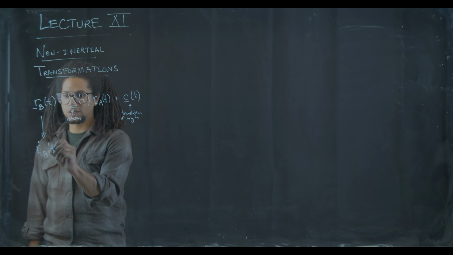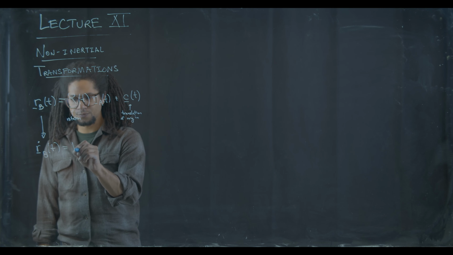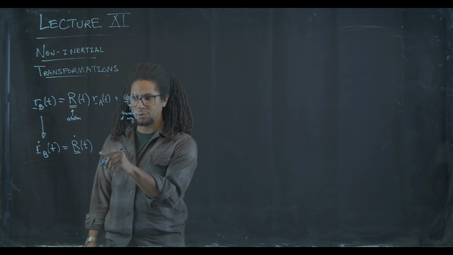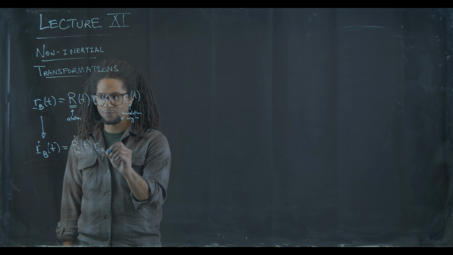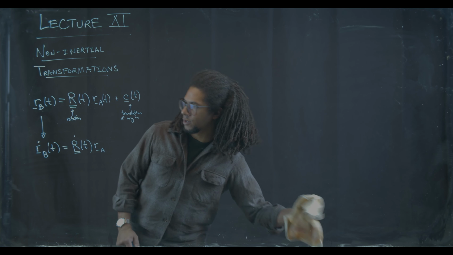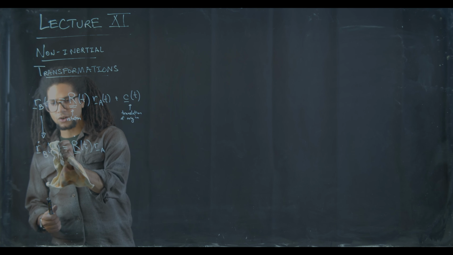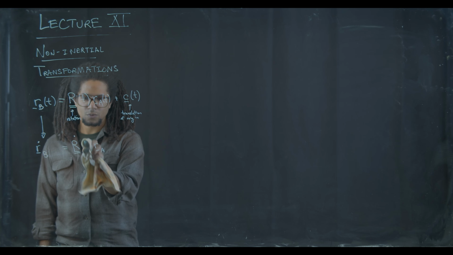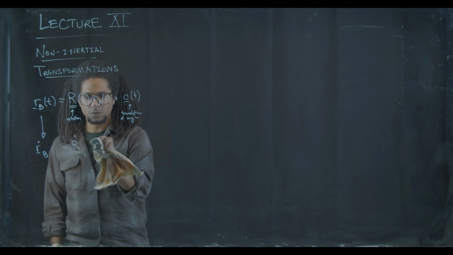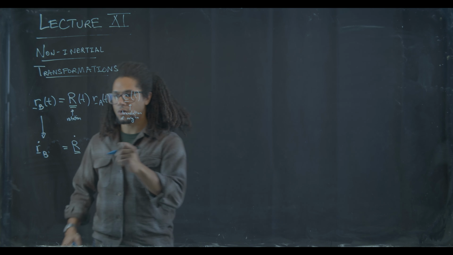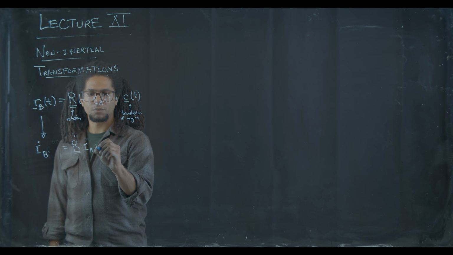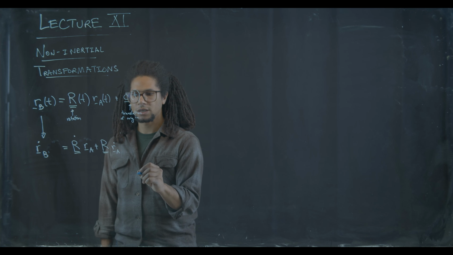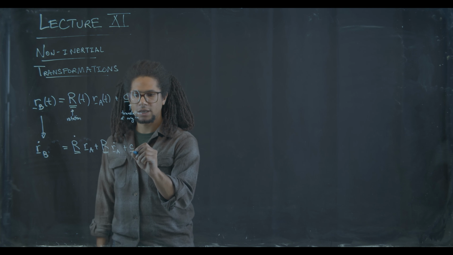So I'll have RB dot of t is equal to R dot of t. I'm not going to use the generators here. I'm just going to leave it in this form. Actually, let me also, just to save board space, drop my t arguments. Okay, so RA plus RA dot plus C dot.